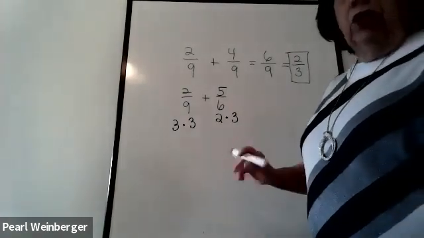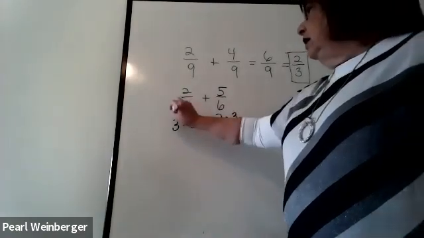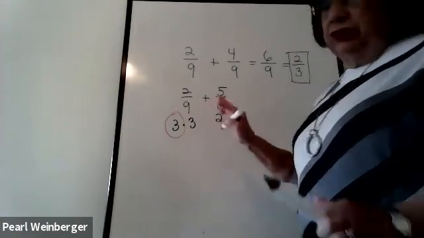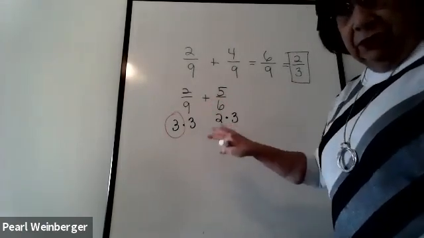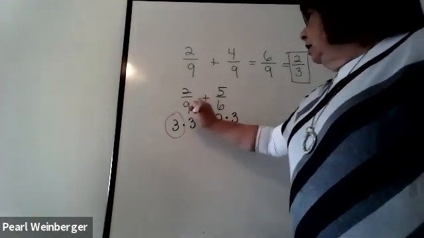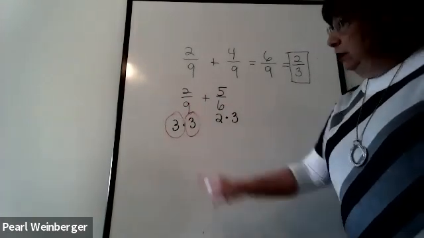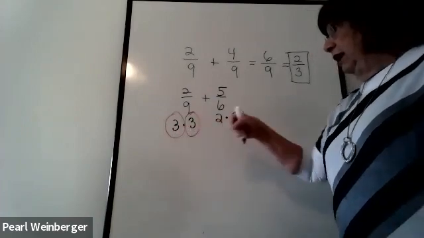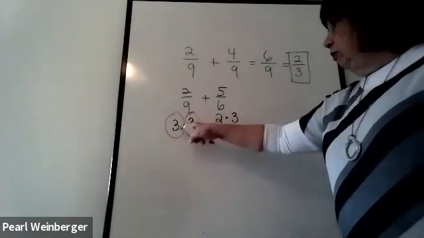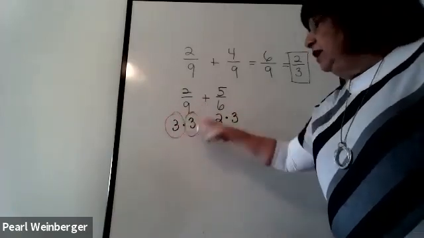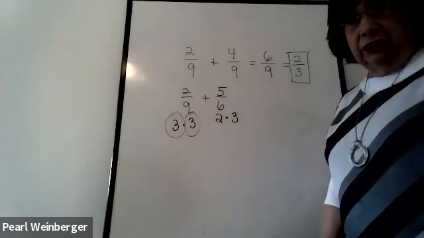And then go to your first fraction, circle or check off, or just look at. I'm going to do it in the beginning by circling all the different factors from the first denominator, which are a 3 and a 3. I know the 3's are not different, but there are 2 of them, so I have to multiply everything in the first fraction.